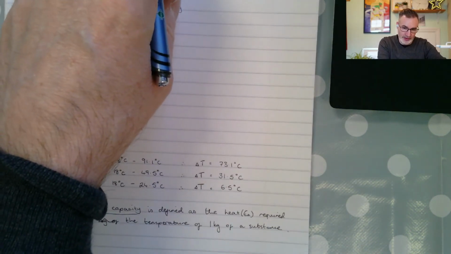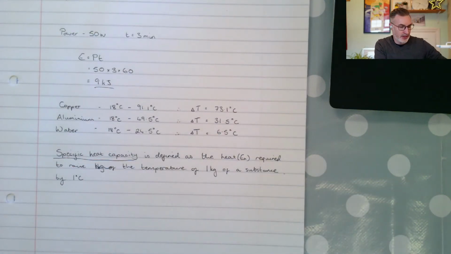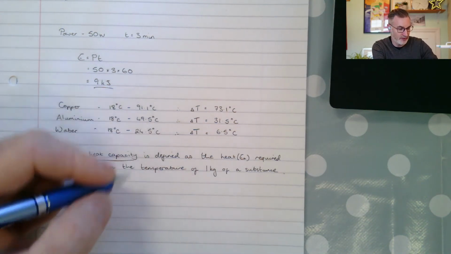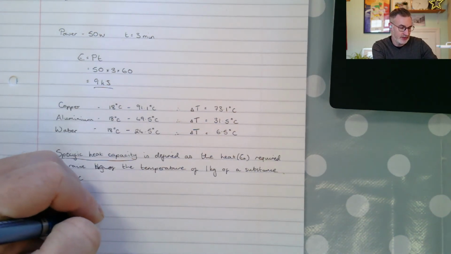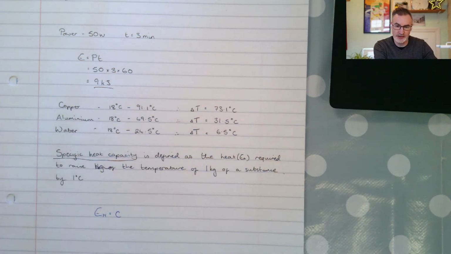So if we put it all together, then we can come up with a grand formula for the amount of heat energy. So we have EH is equal to C, which is specific heat capacity. I should have said that there.